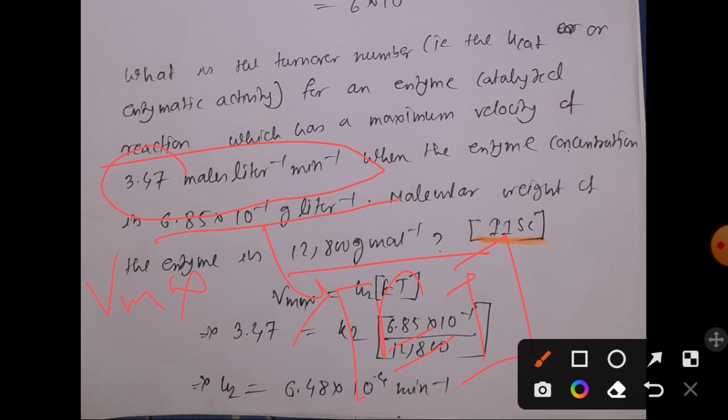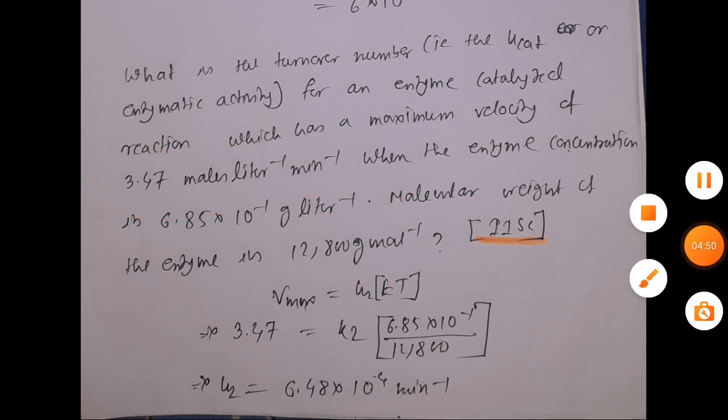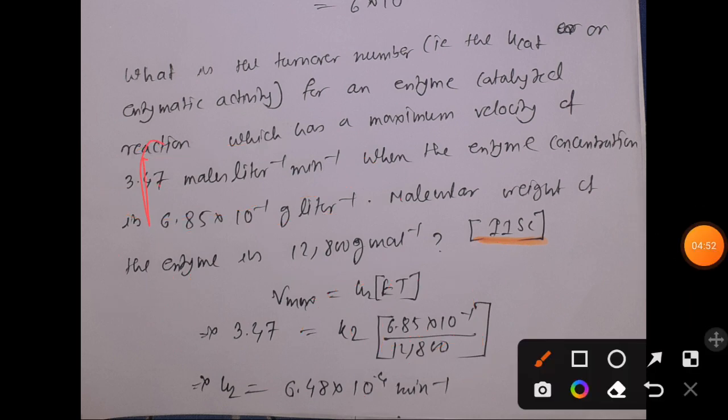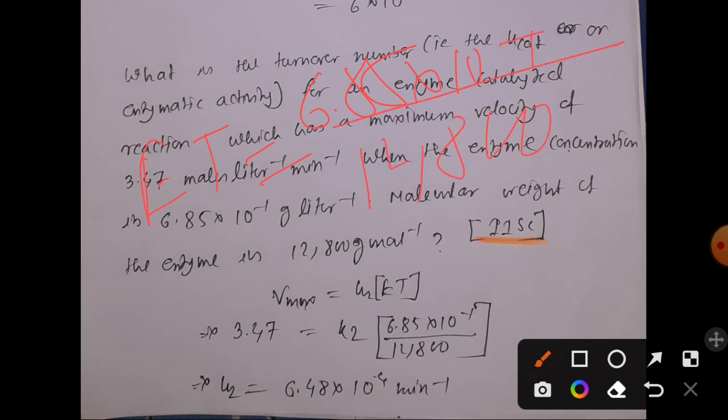That means we have to take ET as 6.85 into 10 to the power minus 1 divided by 12,800. And then we also know the value of Vmax, so we can easily calculate K2 or Kcat.